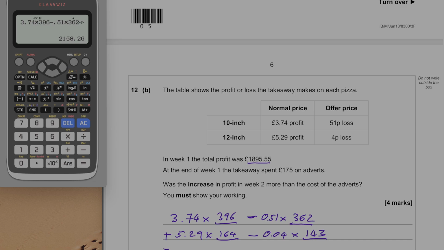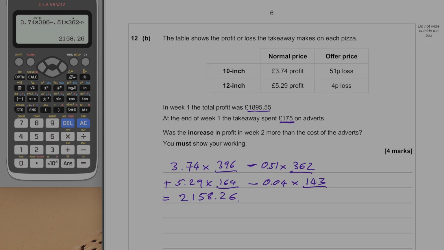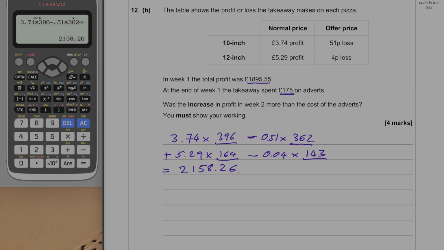So that gives me a total profit of £2,158.26. So if they spent £175 on advertising, if I take that off my total, so I'm going to do 2158.26 minus the price I spent on advertising.